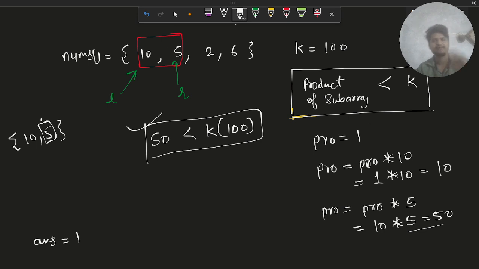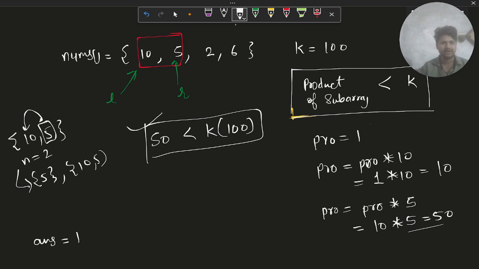How many subarrays can we form after including this 5? One subarray is 5 and another is 10 and 5. Or you can use the generic formula we made: the number of elements we have is 2, and the number of subarrays we can form is again 2. So I am going to add this 2.